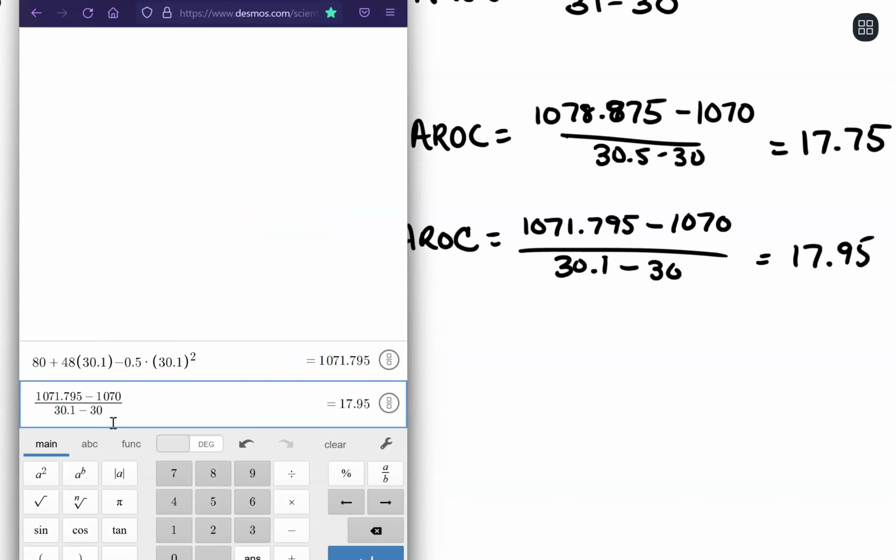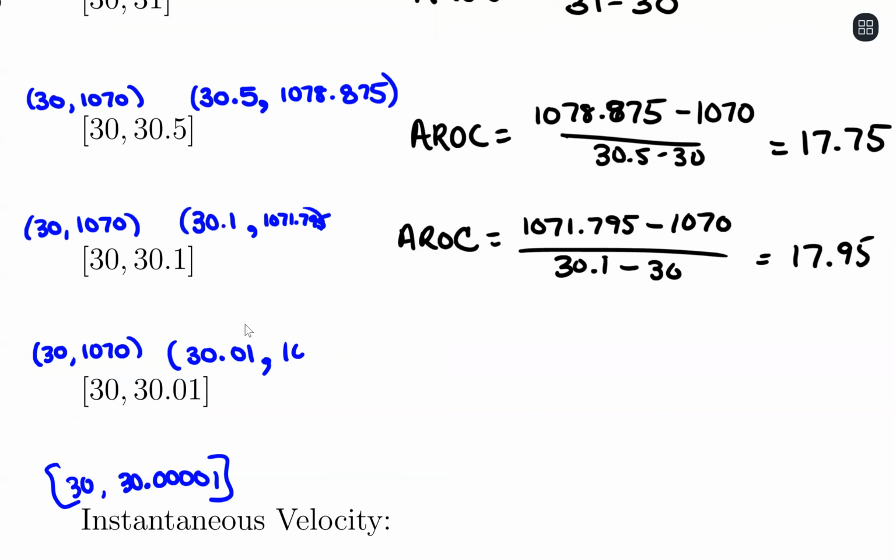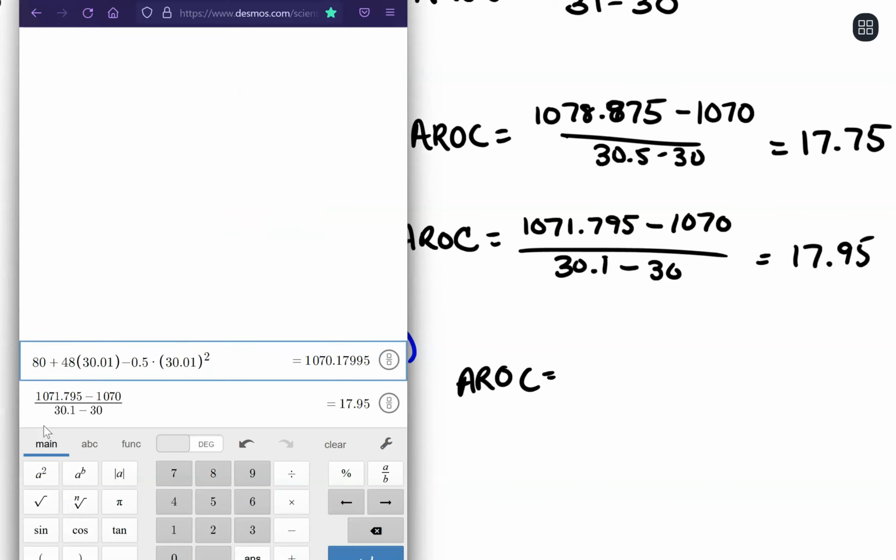If we're dealing with 30.01, the output for our function is going to be 1070.17995. For the average rate of change, you might be getting used to this with the calculator; we're just moving these pieces around. So 1070.17995 minus 1070, super close to 1070, over 30.01 minus 30.